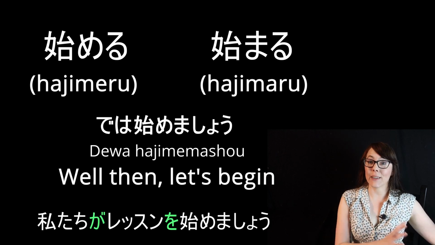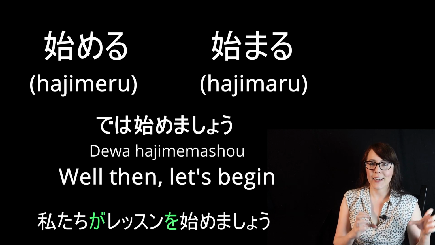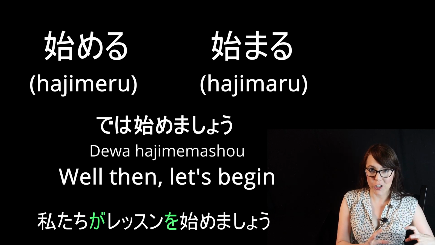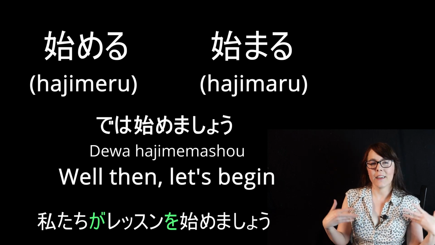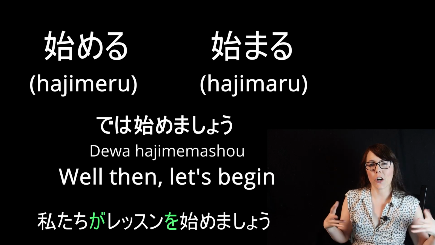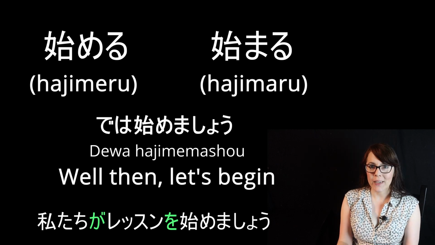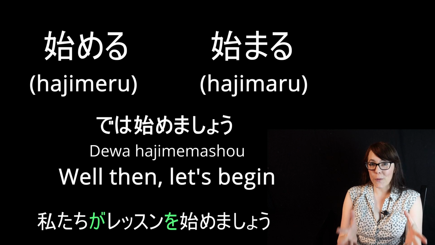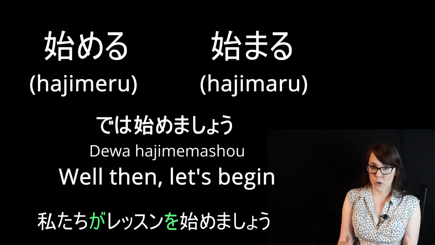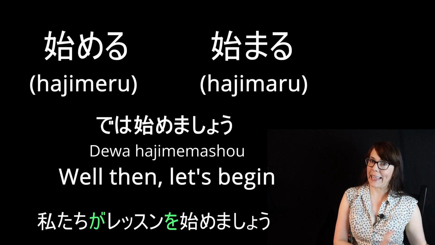Or watashi tachi wa, or ga, the subject, lesson, the object, o hajimemashou. Let us begin this lesson. We, the subject, are performing the transitive verb, because we're living beings and we are performing this transitive verb of hajimeru, beginning, to a lesson.